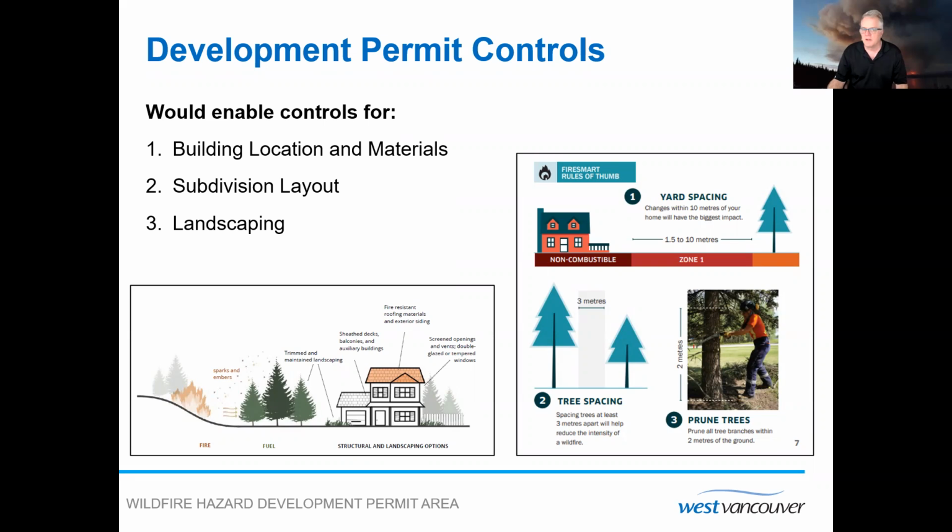So we're really looking at trying to make zone 1, which you can see in this diagram, which is 1.5 to 10 meters, the vegetation compliant with FireSmart. And we're looking that the home is to be built with non-combustible materials. And you saw the reasons why we want the non-combustible materials in that last video.